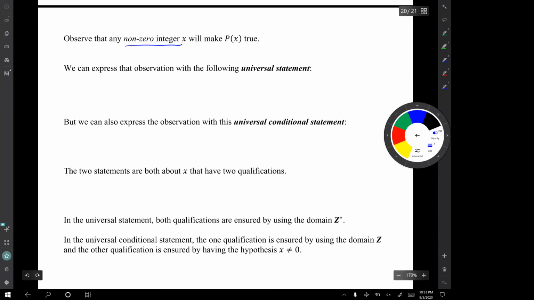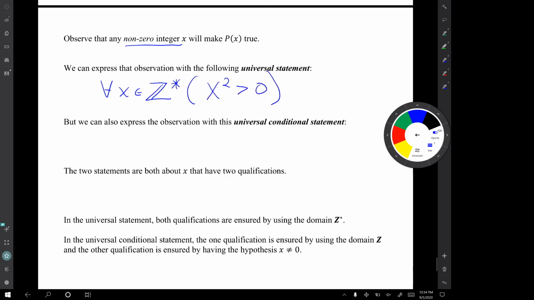So any non-zero integer x will make P of x true. We can express that observation with this universal statement. Remember that Z star, or Z asterisk, means the non-zero integers. So this universal statement says, for all non-zero integers, x squared is greater than 0.